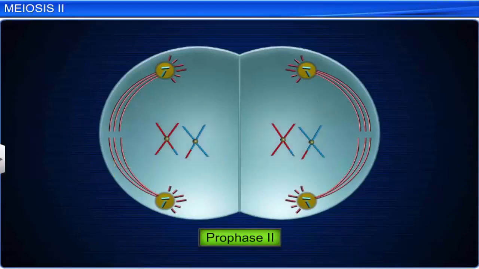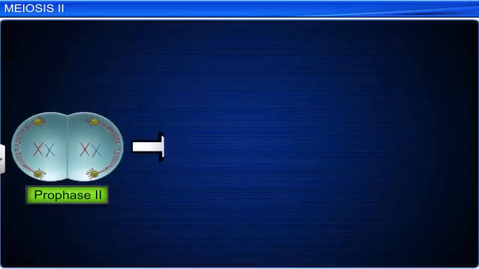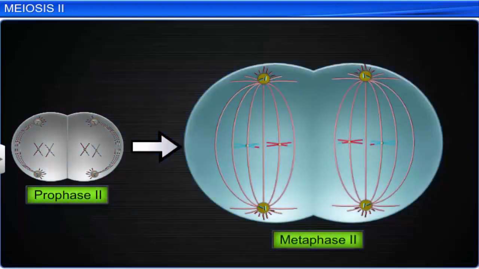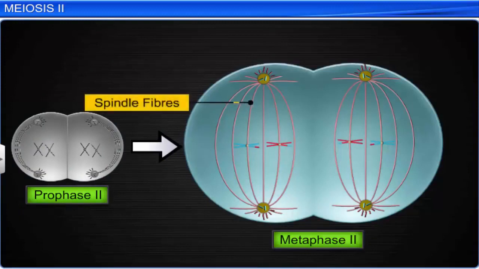Prophase II is followed by metaphase II. During this phase, the chromosomes move towards the equator and align themselves along the equatorial plane. Bipolar spindles are formed, and the microtubules from the opposite poles of each spindle attach themselves to the kinetochores of the sister chromatids.